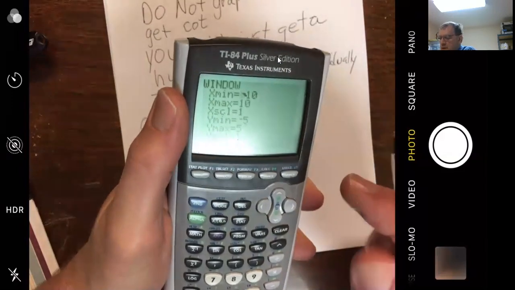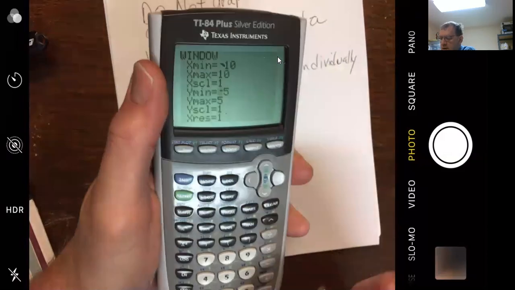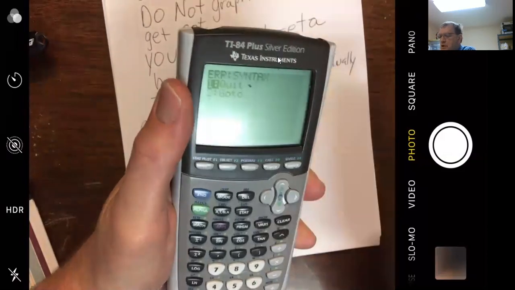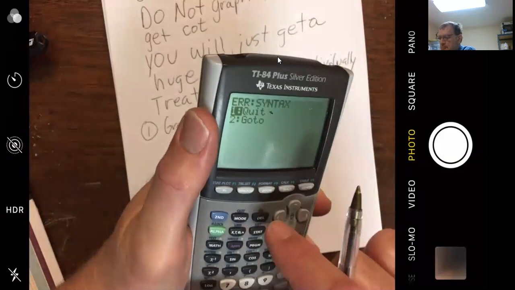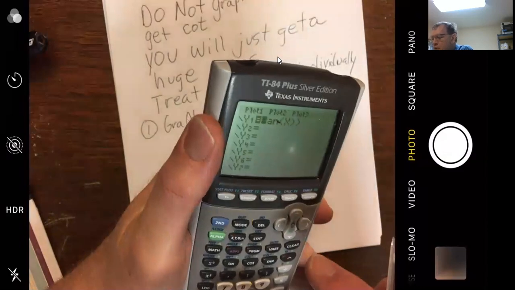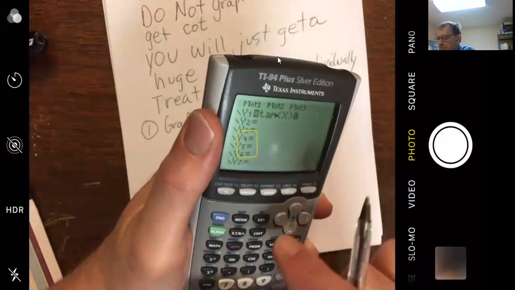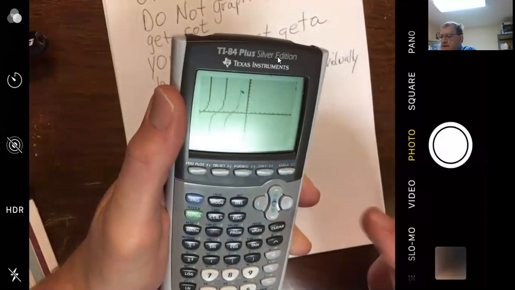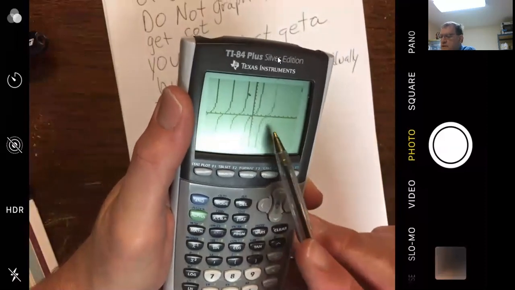Window, I'm going to switch to negative 10, 10 on the y. Graph. Oops, what did I blow? Too many parentheses. Okay. Graph. All right, you get these series, we call them kind of S-curves.